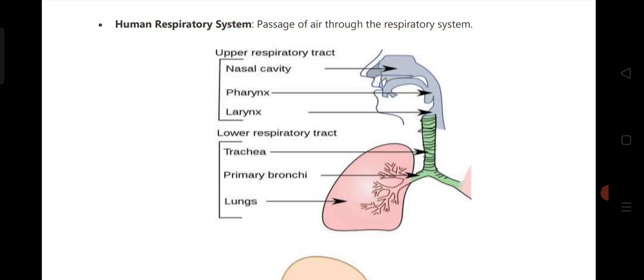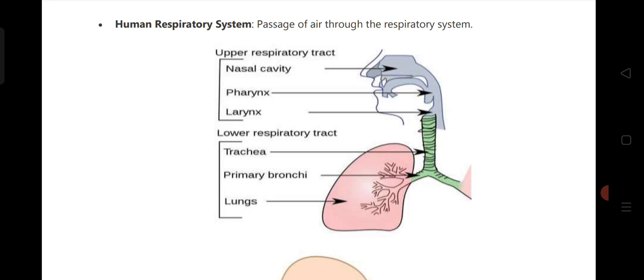Starting from the nose, that is the nasal cavity. After the nasal cavity there is a common passage known as the pharynx. Then there is the voice box, known as the larynx. Up to these three is the upper respiratory tract. Whatever is present after the larynx comes under the lower respiratory tract.